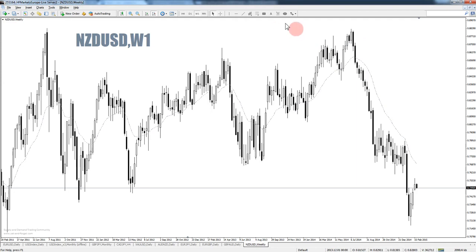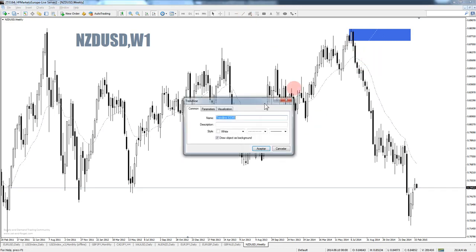At the top we've got this weekly area of supply, and the ascending trend line was like that before.